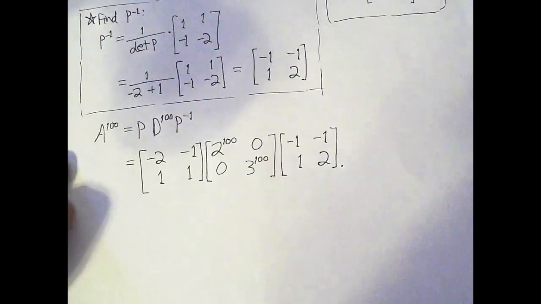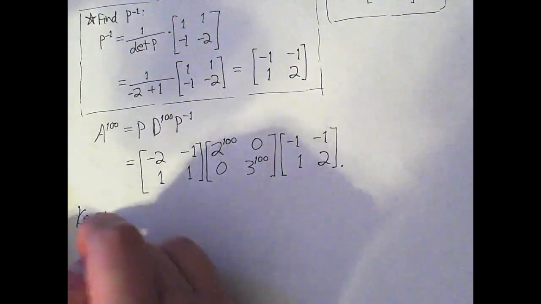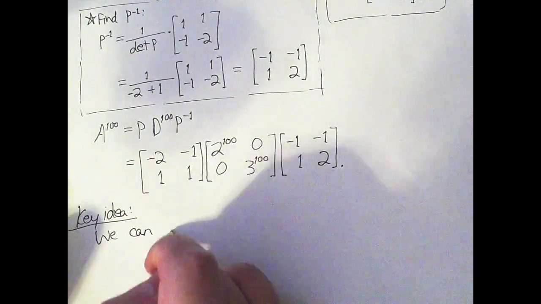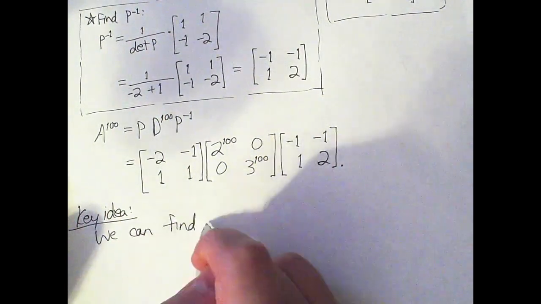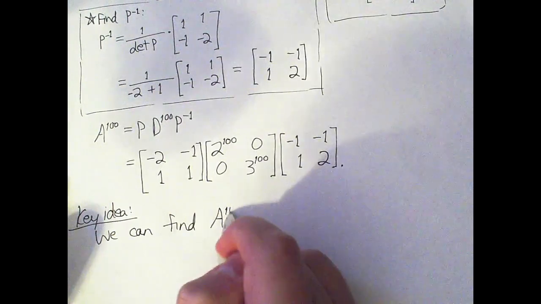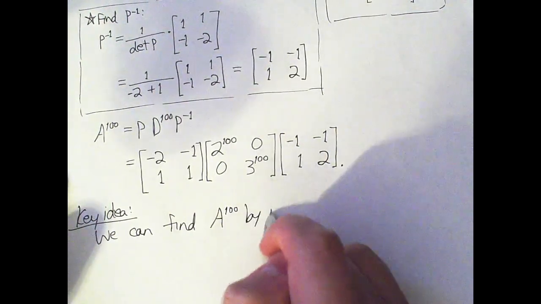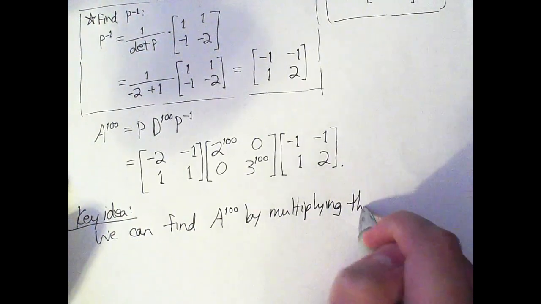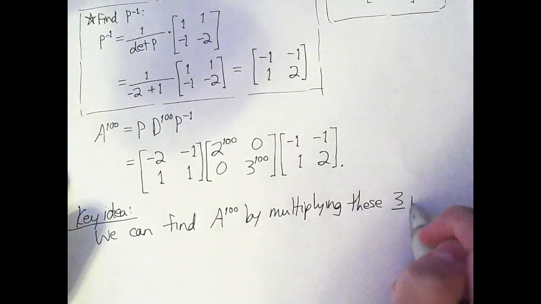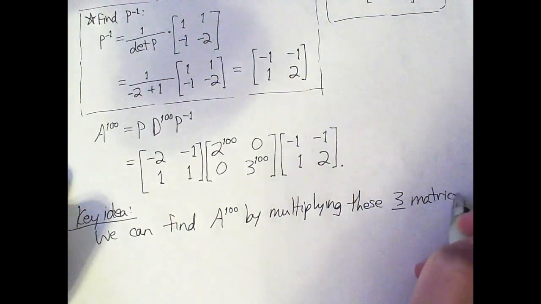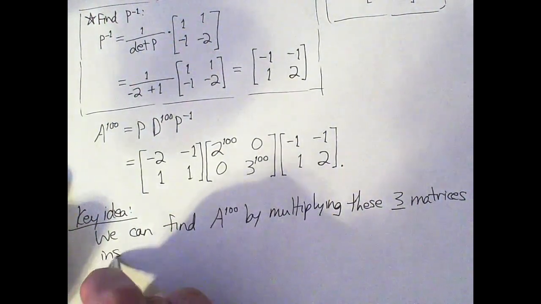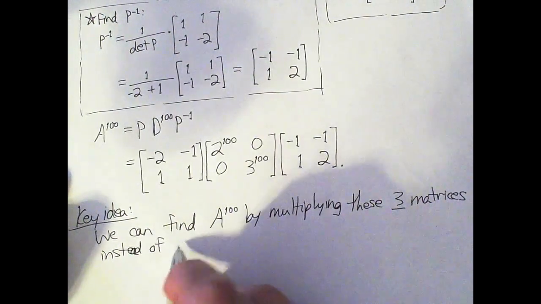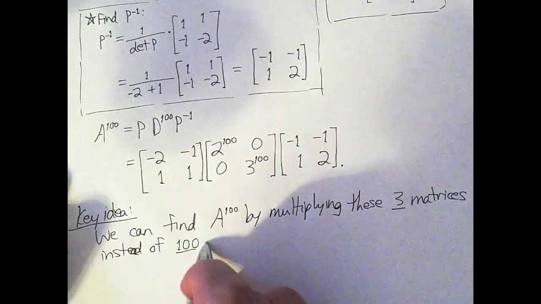So I'm going to say that the key idea is that we can find A to the 100 by multiplying these three matrices instead of 100 matrices.